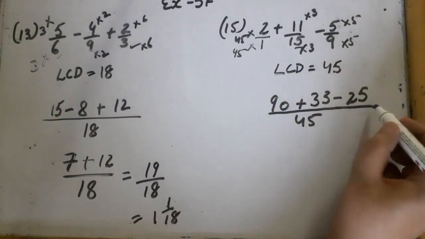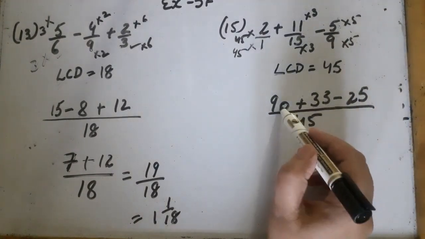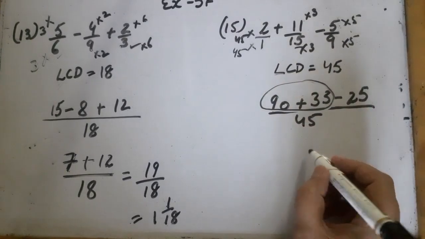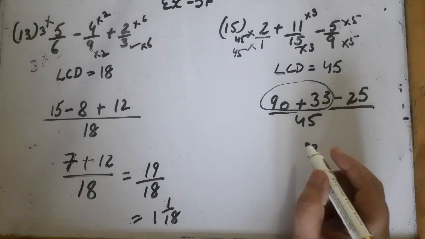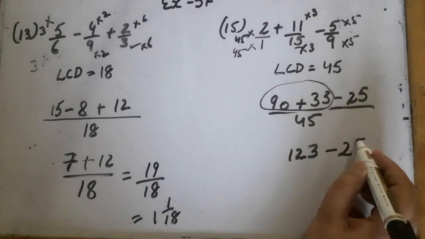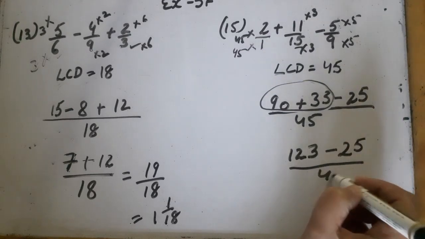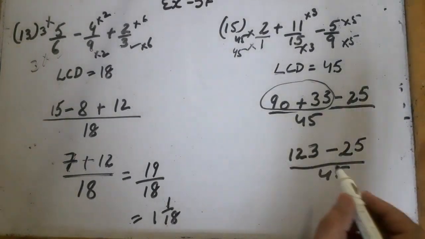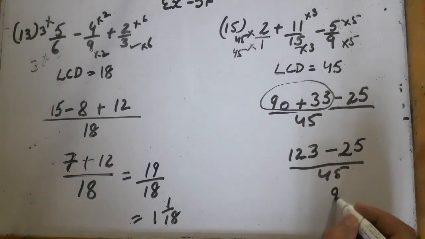Now you have to solve. So first you can see 90 plus 33, so you can add them together. So this will be 123, and then you subtract 25 from that. Okay, now when you subtract, you will get 98 upon 45.